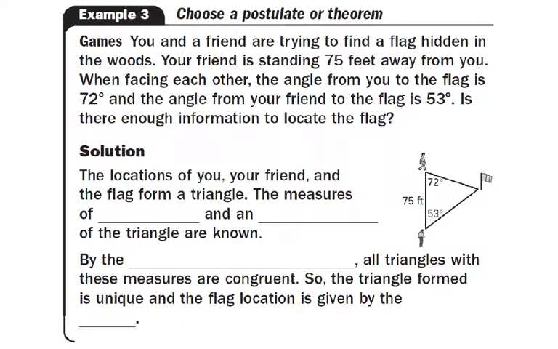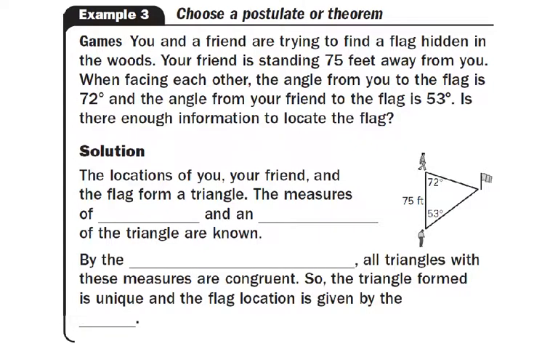All right, choose a postulate or theorem. So if we go through this one, basically what we've got is this picture here. Could you figure out where the flagpole is? Yes, there is, because the locations of you, your friend, and the flag forms a triangle.